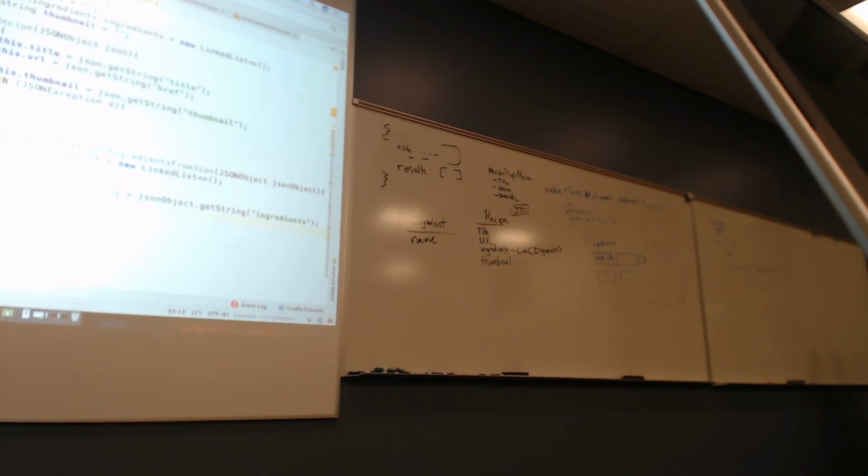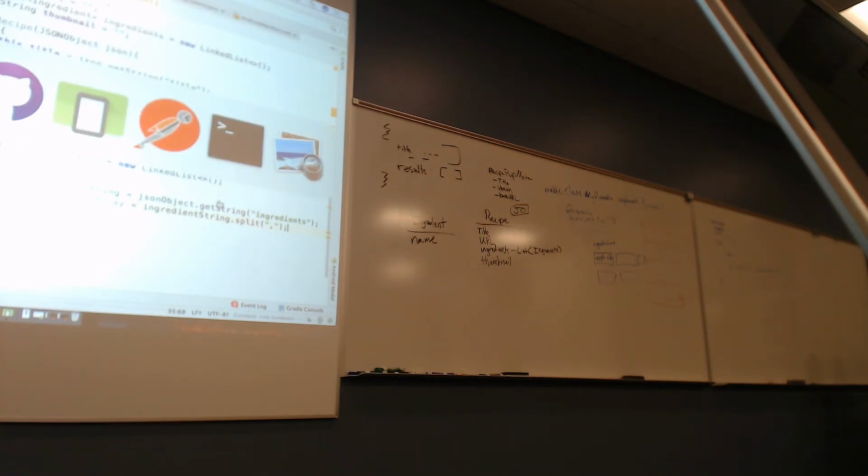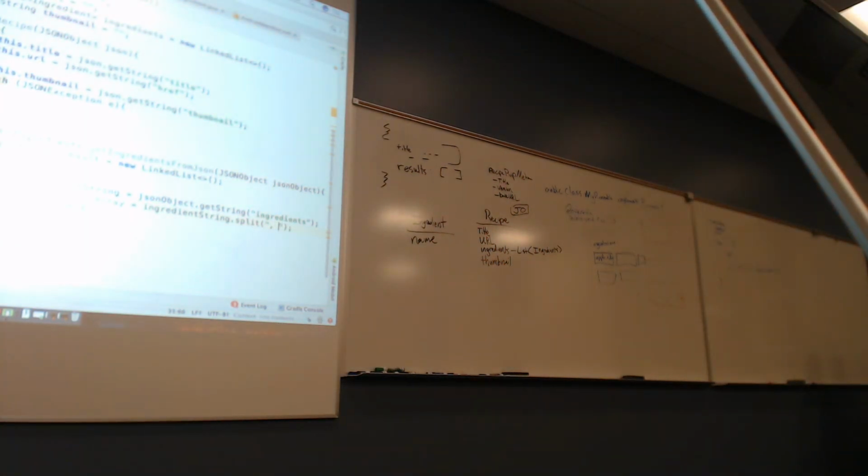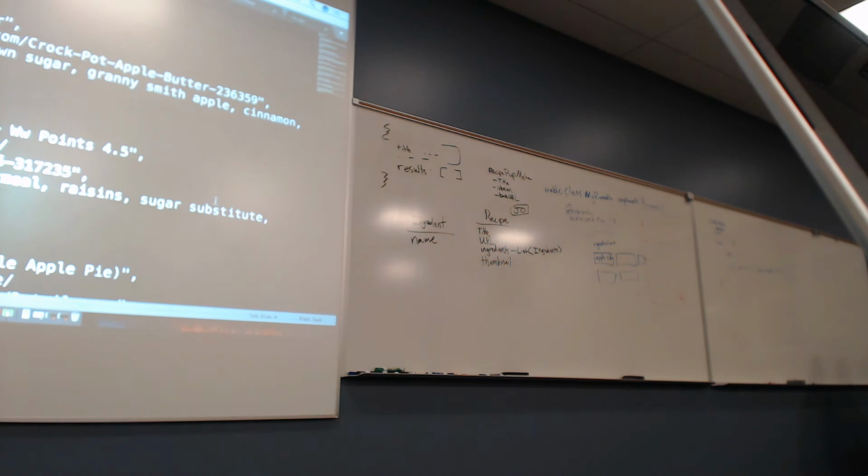And then we'll do String array, ingredient array equals ingredient string dot split. And this is really easy. Comma. Oh, you're going to get spaces on that. Do a comma space. You never know the data. All right, I'll do that. So comma space.